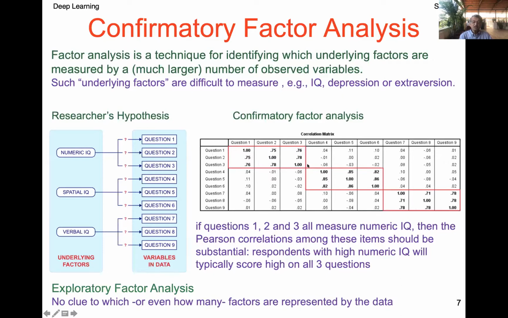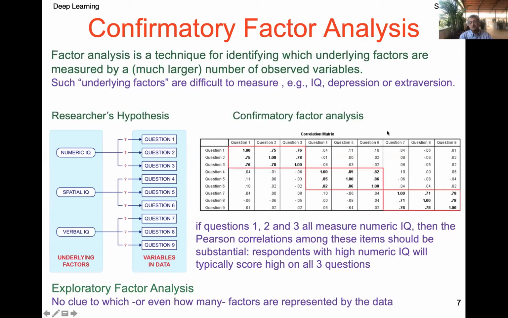But when we look at the correlation between question 1 and question 4, that's a low correlation, 0.4 there, which means these questions are numeric questions. They're correlated with each other, but they're not correlated with spatial. They're not correlated with verbal.